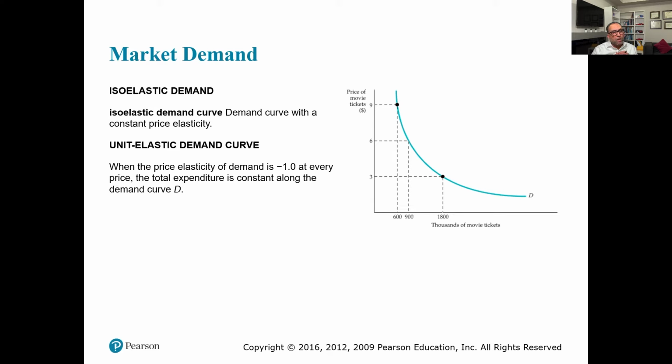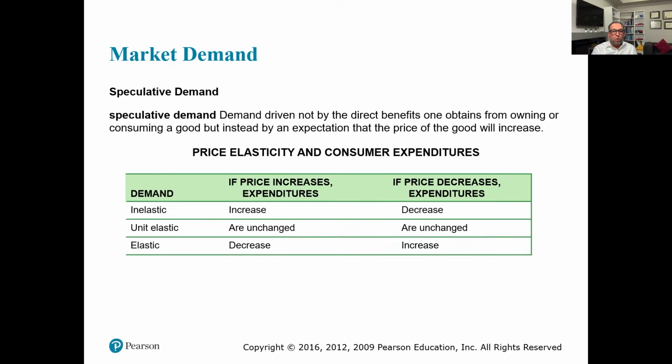In that case, the expenditure is not going to change, because when the price elasticity of demand is 1, at every price the expenditure is constant along the demand curve. The change in quantity is matched by the price increase or decrease. And this way, we always get the elasticity equal to 1.